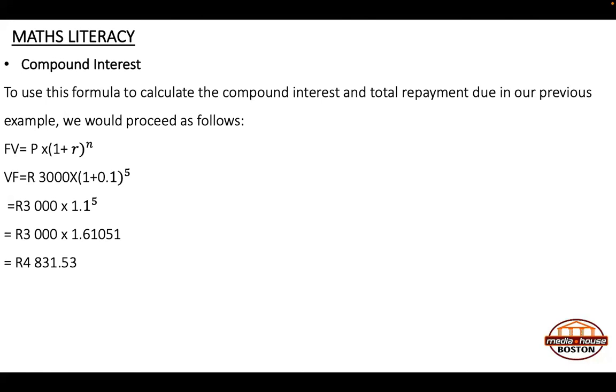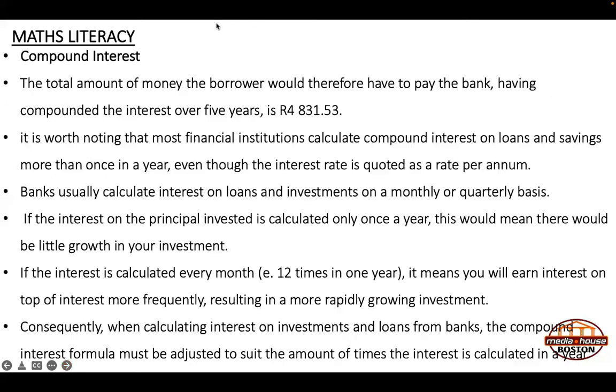That's going to give us 4,831.53. So you can have a look in your textbook as well, how to calculate that. And it will help you when you are taking out a loan or you want to take out a loan, a student loan, etc. Questions, comments?